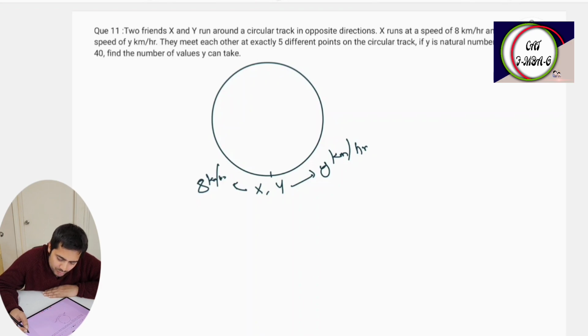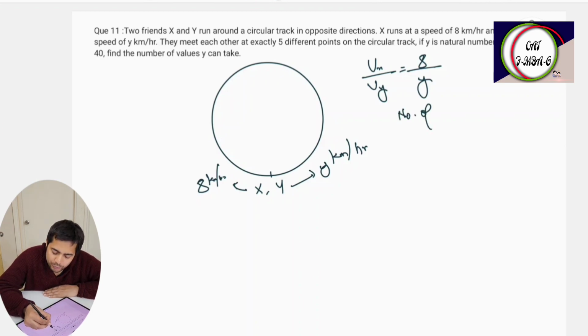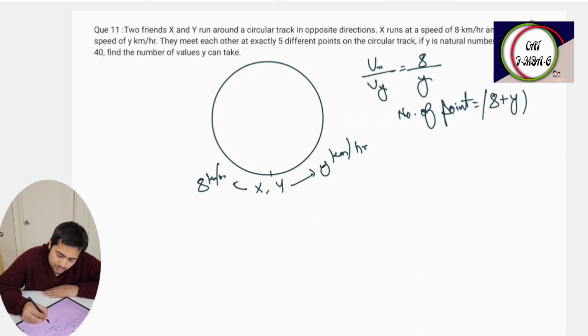If Y is a natural number, so Vx by Vy is equal to 8 by Y. The number of points they are going to meet at, in opposite directions, is 8 plus Y, or Vx plus Vy is equal to, let us say, 8x plus yx.